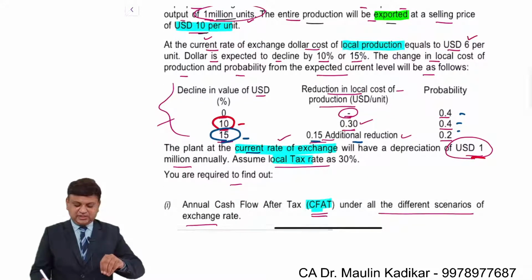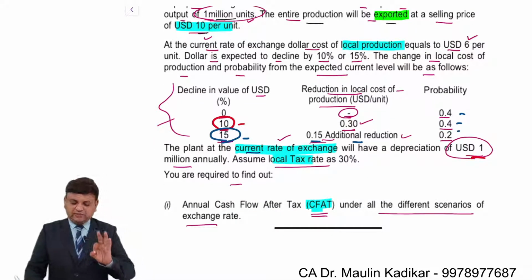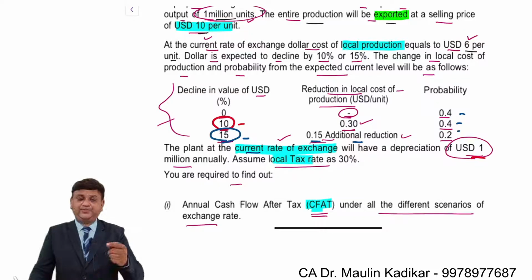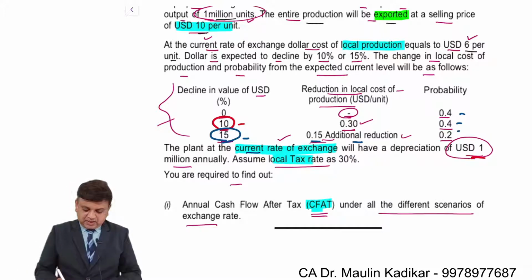At current exchange rate, the dollar cost of the local production is 6 US dollars per unit. It means whatever the exchange rate between Australian dollar and United States dollar, and taking into account the cost at which the product can be produced in Australia, the cost in dollar terms is 6. The dollar is expected to decline by 10% or 15%.